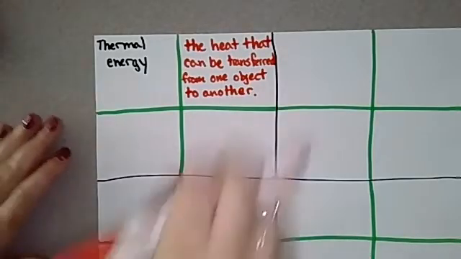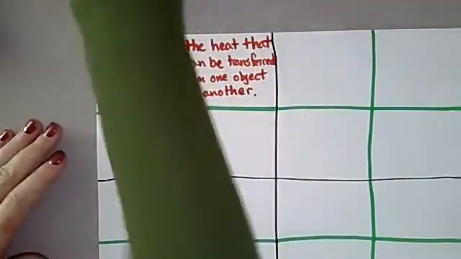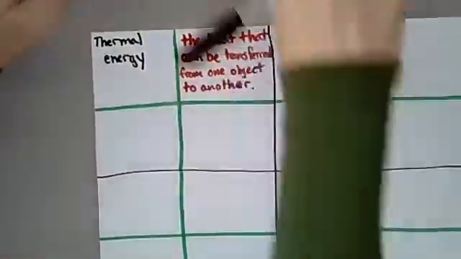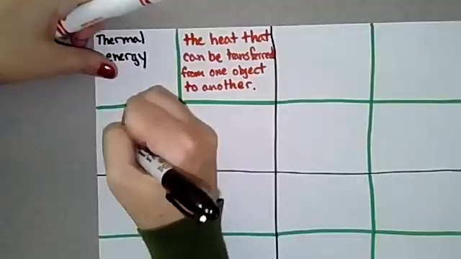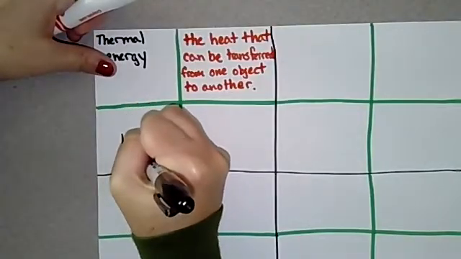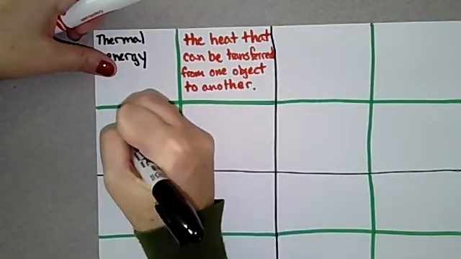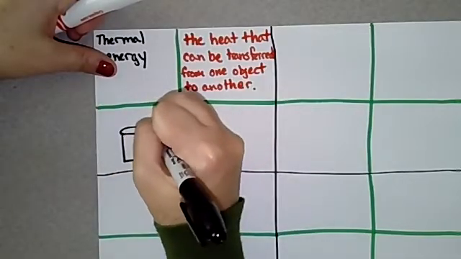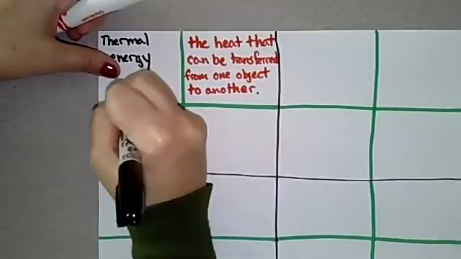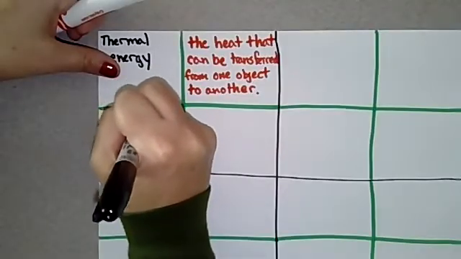All right. And for your picture, I want you to draw a coffee mug. I'm sure all of you know kind of what that looks like. Draw yourself a little coffee mug, and the lid is open like this. You got the little handle on it, and there's steam coming out of the top of it.